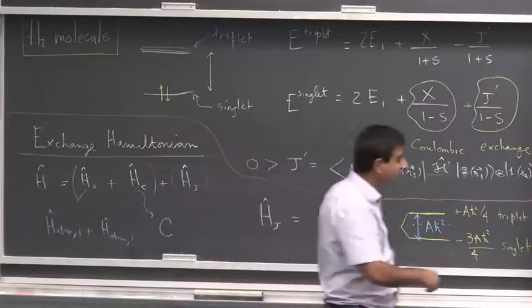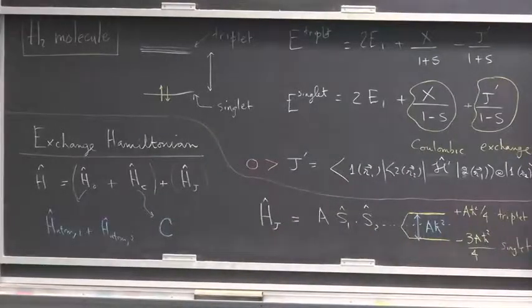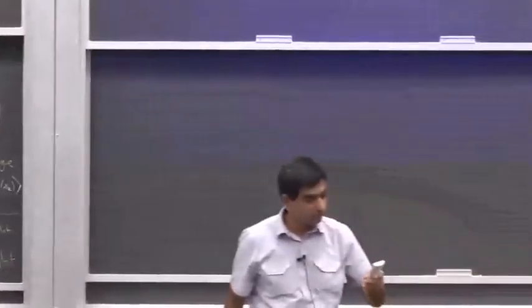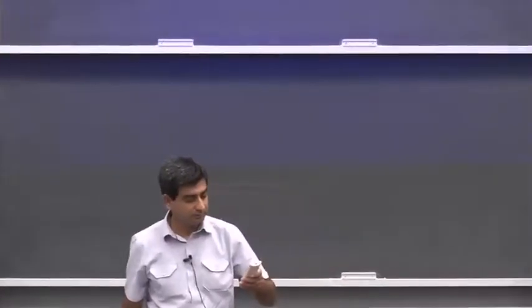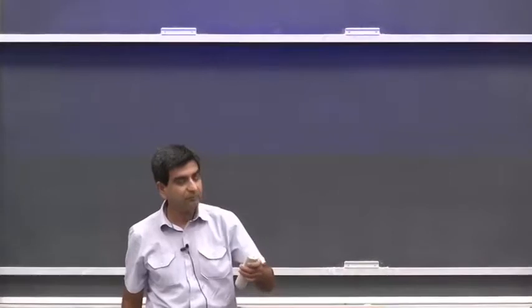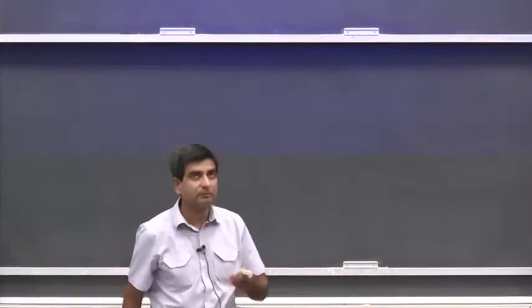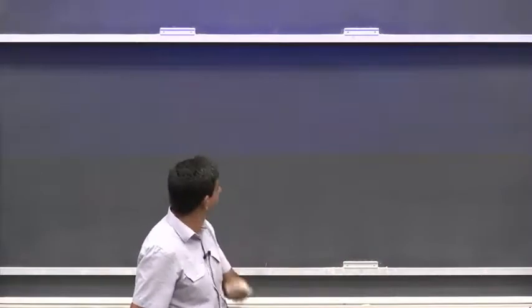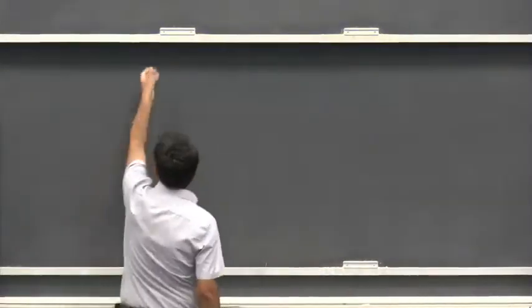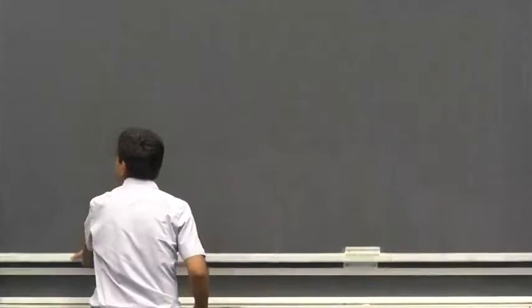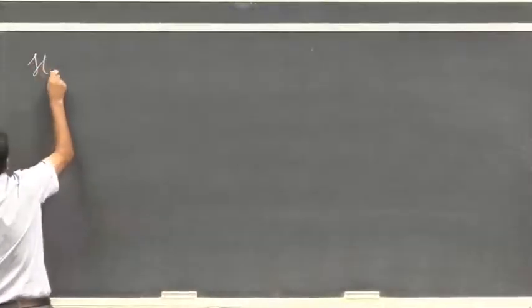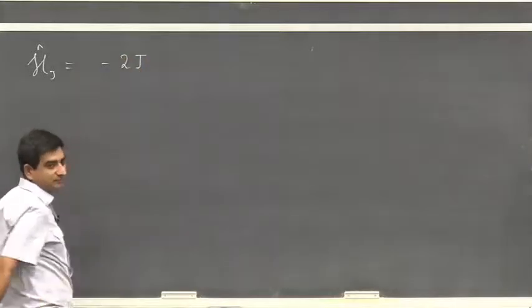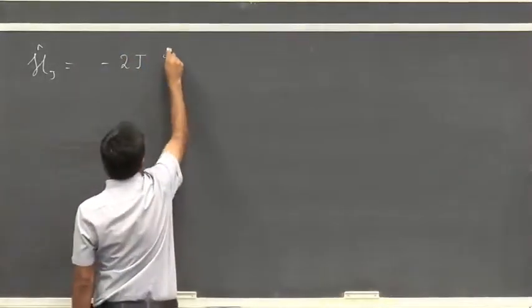Hence, the convention is that the exchange Hamiltonian is given by minus 2J S1 dotted with S2.